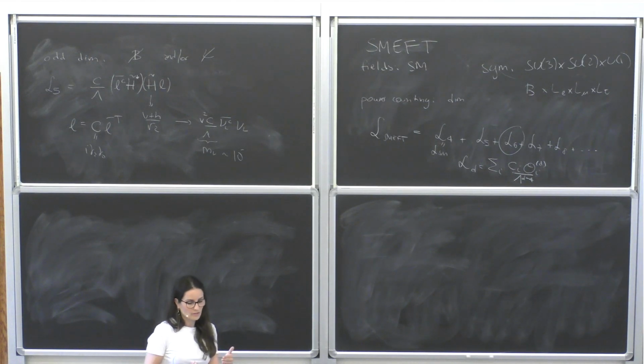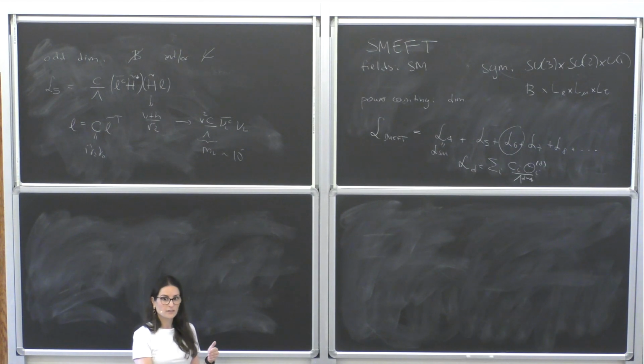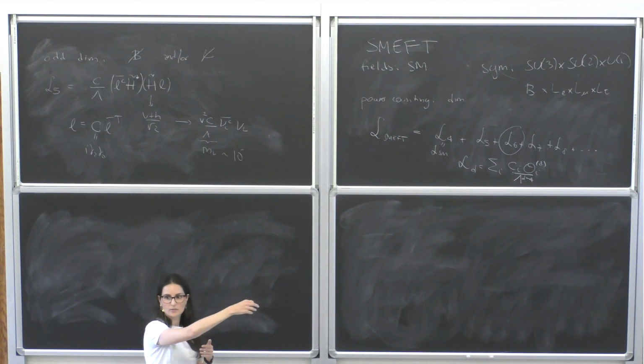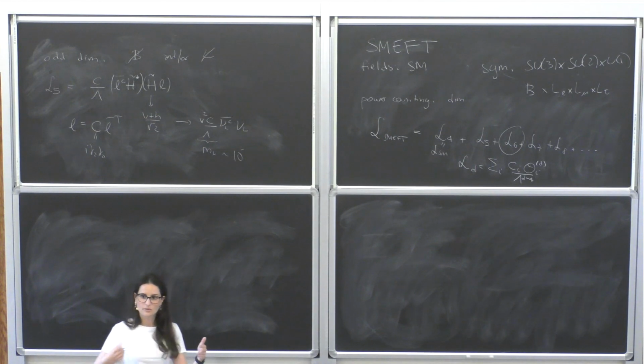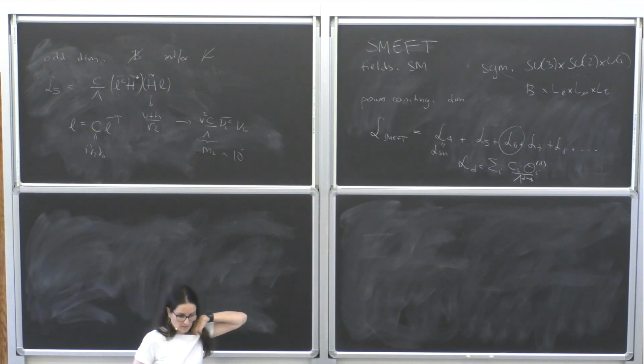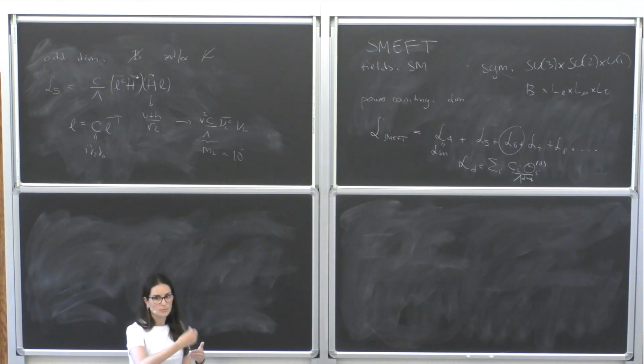Every time you truncate the theory to a finite order, you are by definition neglecting all the infinities that come up at higher dimensions. And so you remain with a finite number that is always sufficient to be reabsorbed. Still, this tells you that the theory can only be used up to finite order.